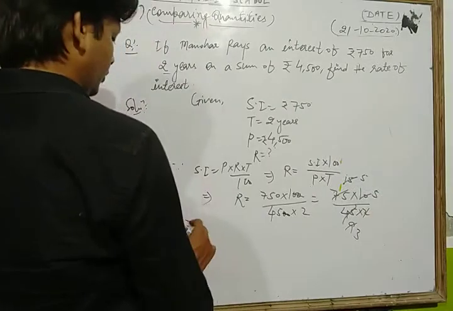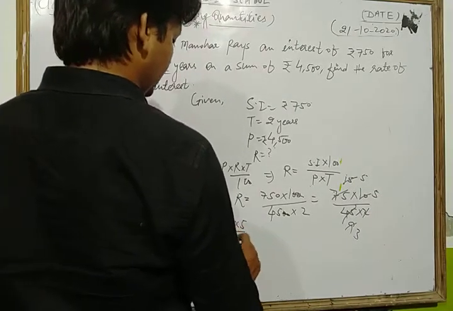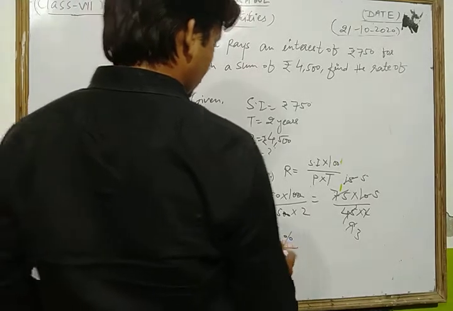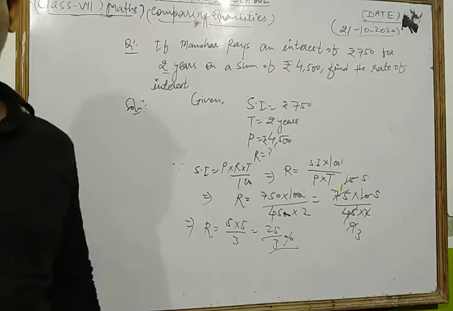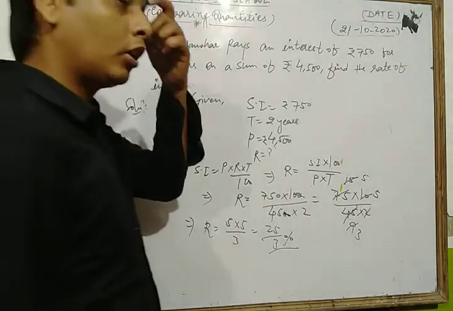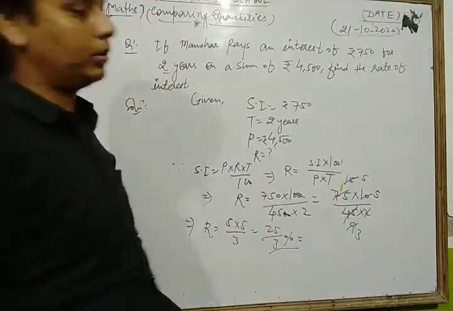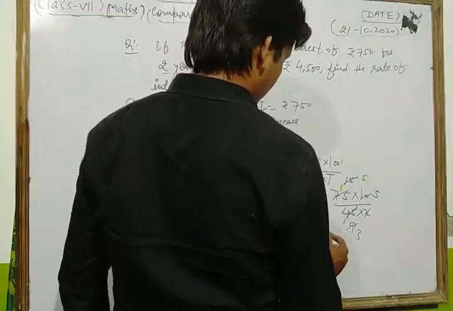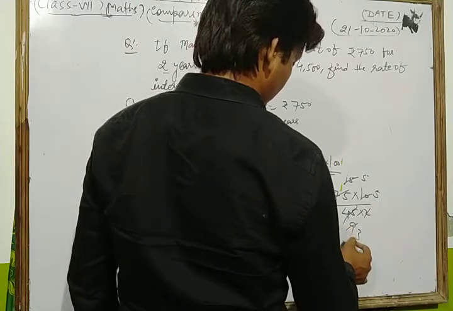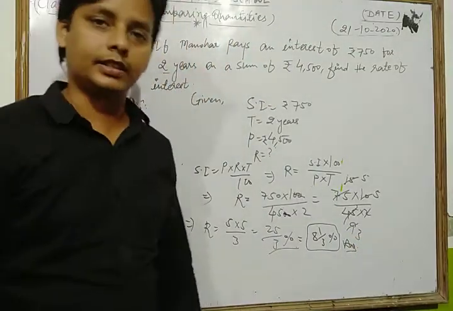Thus the rate of interest is 5 into 5 upon 3, that is 25 upon 3%, or we can write 8 1 upon 3%. This is our required answer.